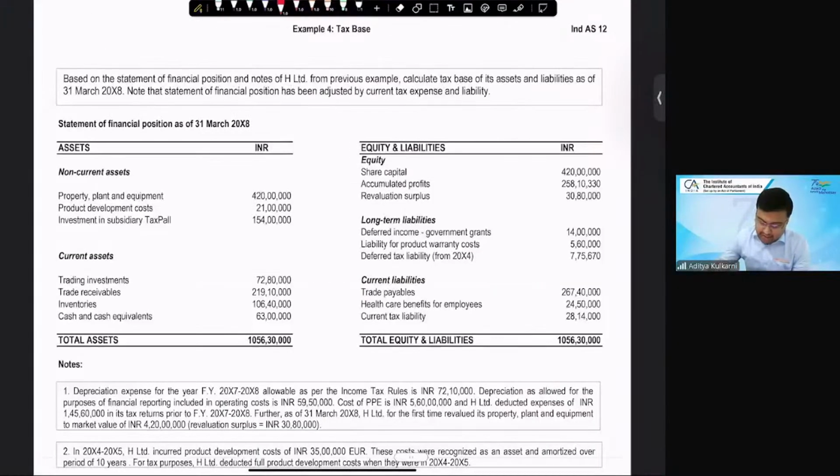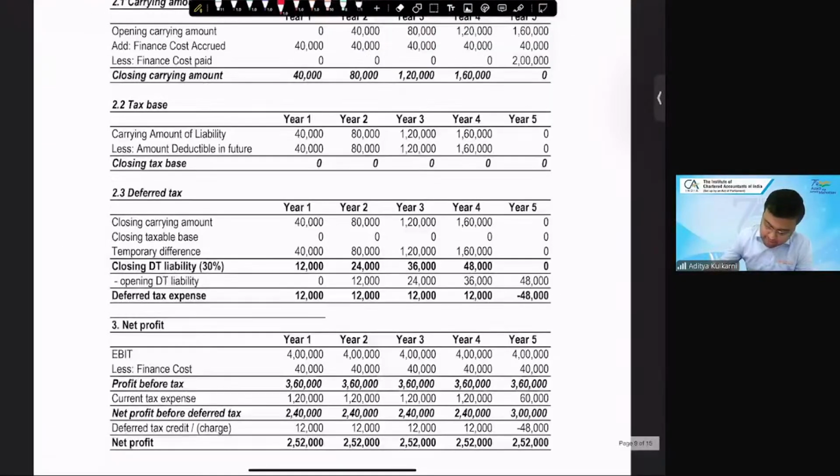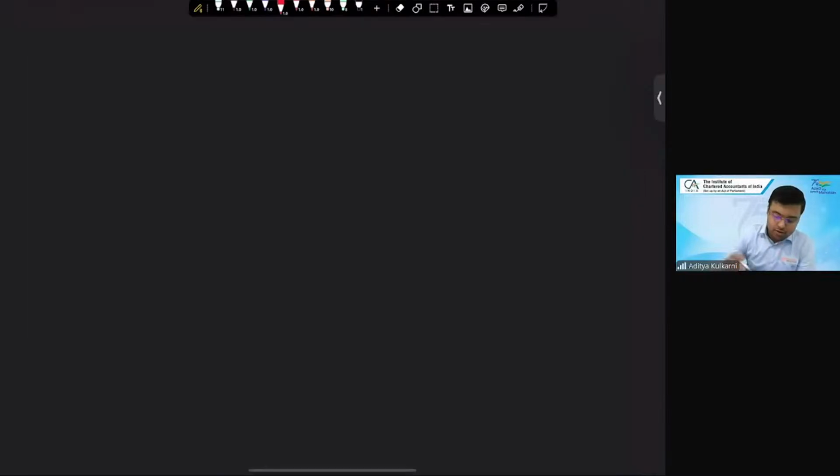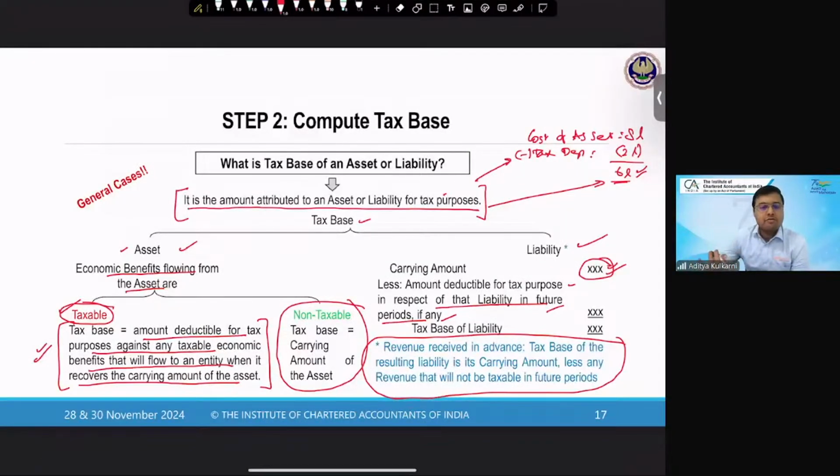So here, this is the closing DTA or liability. When I reduce the opening, my current year's charge or reversal is what is going to be visible. Did you follow? Yes, sir. Perfect. So that takes care of the definition of tax base.